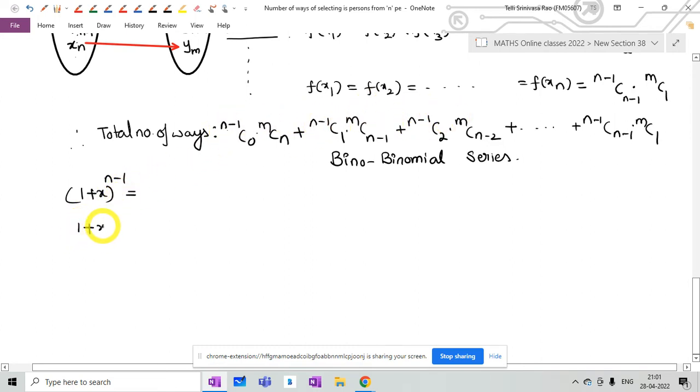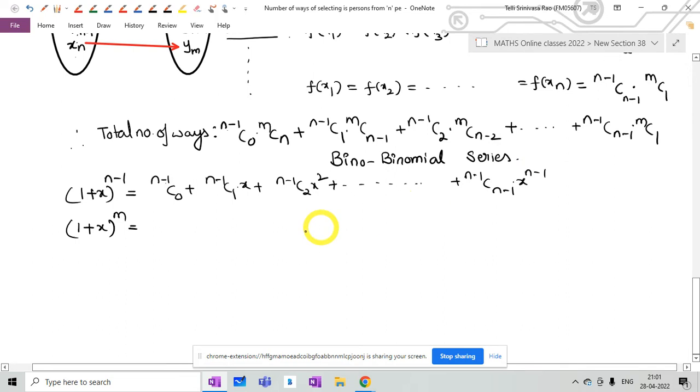The second binomial is (1 plus x) whole to the power of m, because the index is m. If you run this summation, (n minus 1)C0 plus (n minus 1)C1 into x plus (n minus 1)C2 into x squared plus so on up to (n minus 1)C(n minus 1) into x to the power of n minus 1.